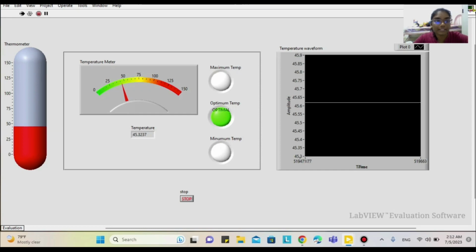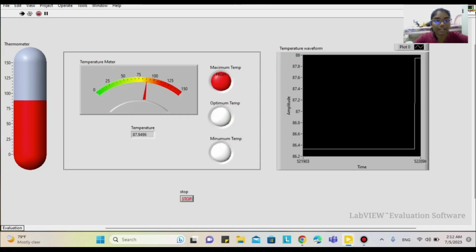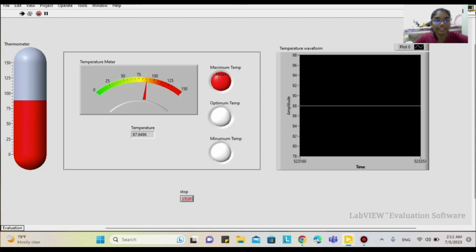When the temperature really increases to 87, the temperature meter increases and the maximum temperature is high, which shows the temperature is not at the optimum level.